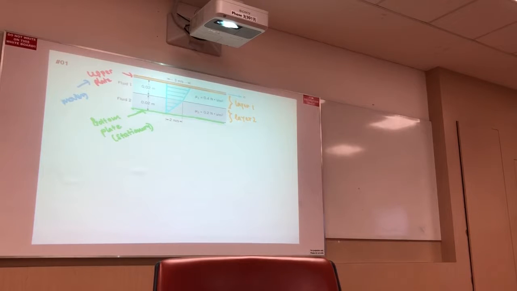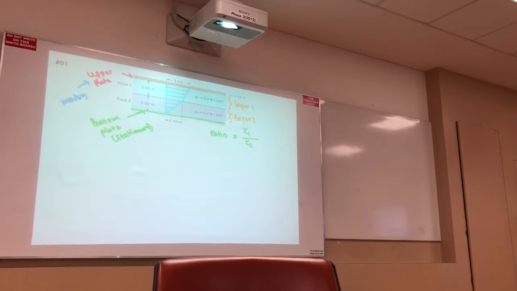Okay, so they tell you to determine the ratio of shear stress on the upper plate and that of the lower plate. They tell you to find the ratio of shear stress between the upper plate and the bottom plate: shear stress at plate 1, shear stress at plate 2. Tau indicates shear stress.